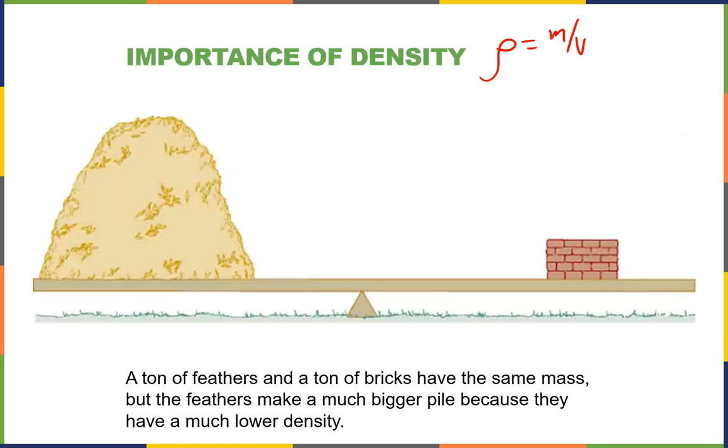So it doesn't matter for the weight if it's a ton of bricks or a ton of hay, but you clearly have to have a lot more hay to get a ton of hay than you have to have in brick, because the brick is more dense, has more mass per unit volume. And of course, this says feathers, but that has hay, and that's why I said hay.